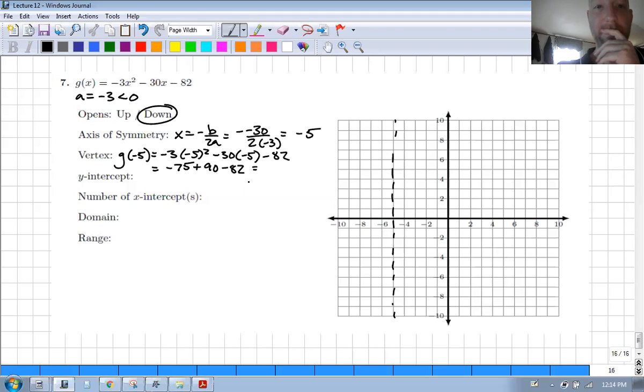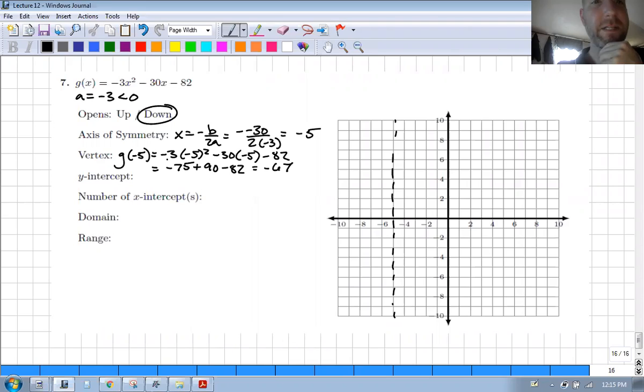So that's -75 plus 8, which would be negative 67. Is that right? I'm doing something wrong here. They wouldn't give us ugly numbers like that.